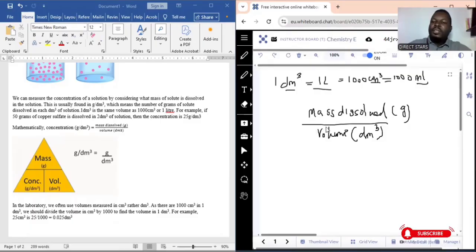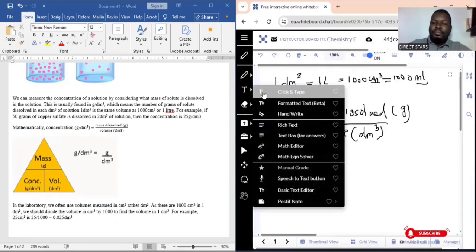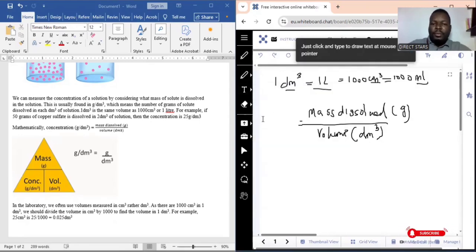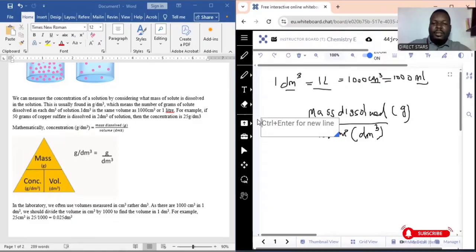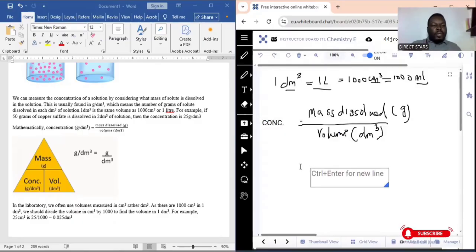So this is the formula we are going to use to get your concentration in gram per dm cube. That is how it's calculated.